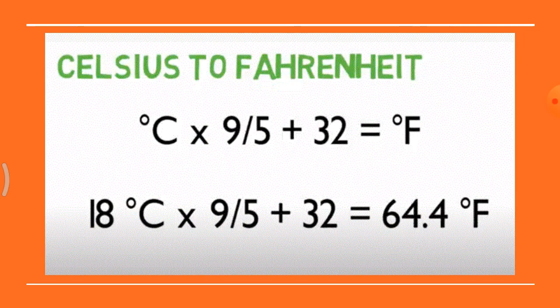This means if you want to convert Celsius into Fahrenheit, the formula is Celsius degrees times 9 by 5 plus 32 equals degrees Fahrenheit. If 18 degrees is to be converted into Fahrenheit, then 18 is multiplied by 9 and divided by 5 and 32 is added. Then we will get 64.4 degrees Fahrenheit.